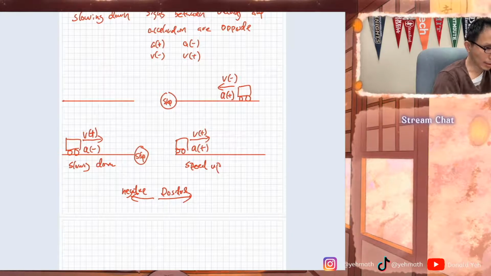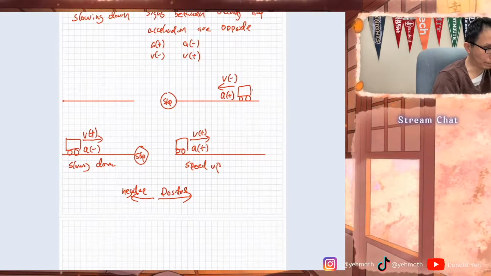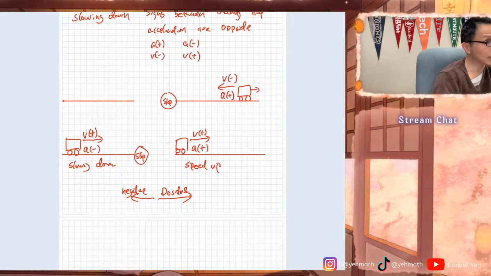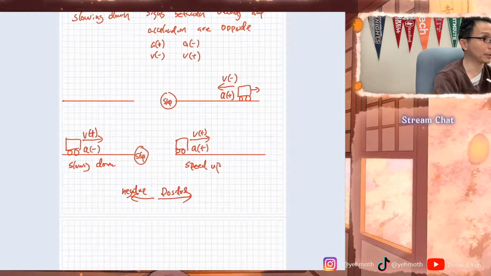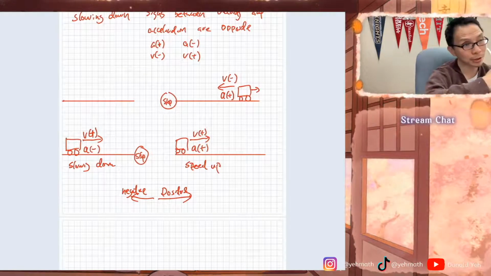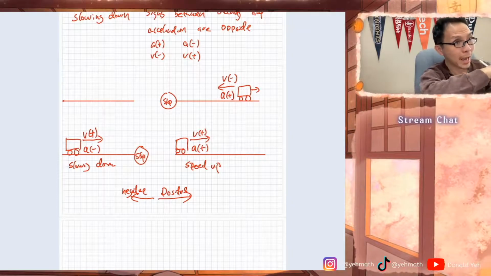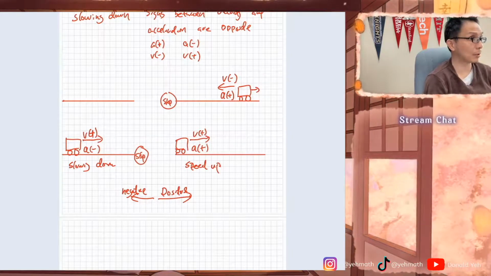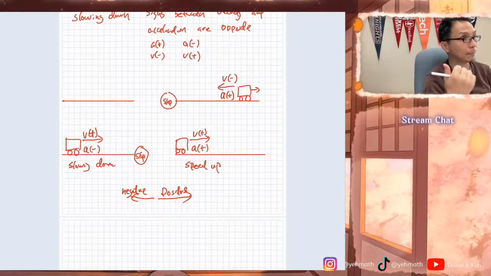So I can go push this car backwards. So basically my acceleration is positive because I'm trying to slow it down. So I'm pushing the car backward. So my pulling, the force, it's actually going the opposite. Therefore, acceleration is positive because you go in that direction. You're pulling against the car.